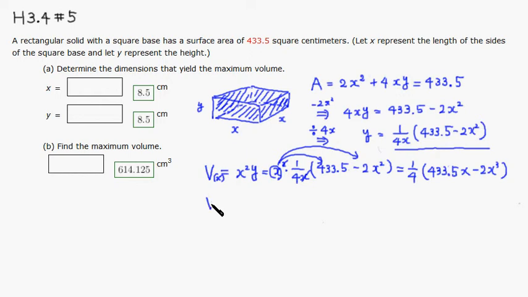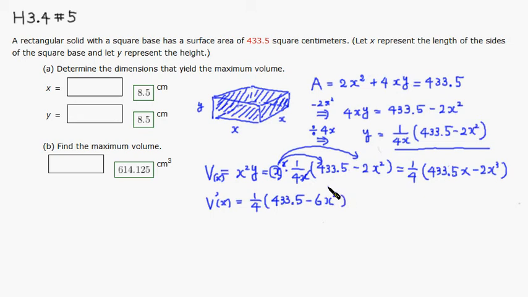So V prime of x is going to be, 1/4 is just a constant multiple, so put it outside. The derivative of 433.5x is just 433.5. Then the derivative of negative 2x cubed is negative 2 times 3, which is 6, x to the power minus 1, so squared.